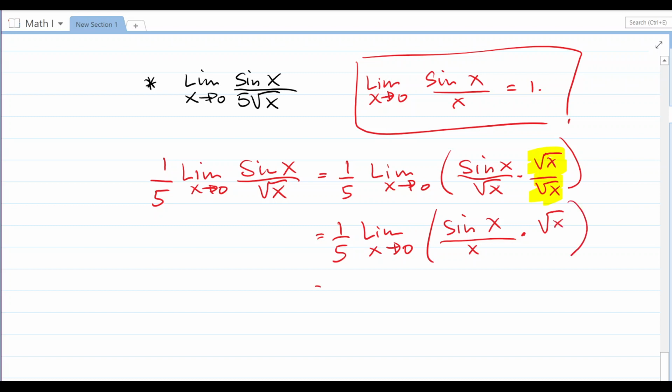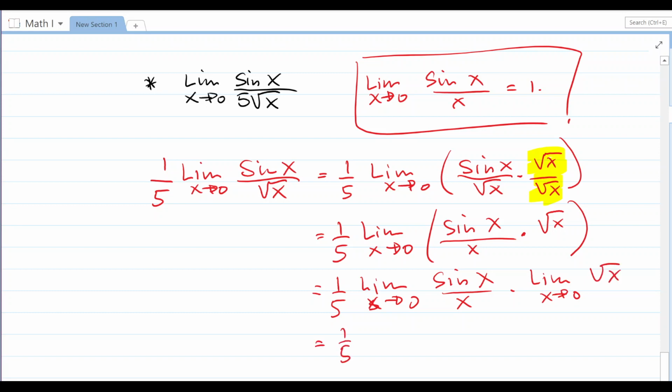Again, by using the property of limits, this is equal to the limit of x approaching 0 of sine x over x times the limit of square root of x.